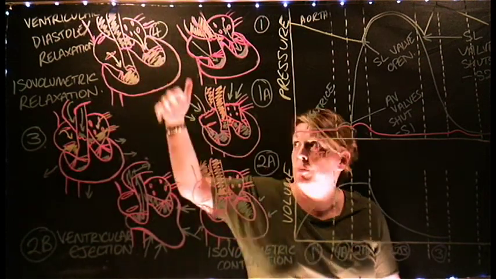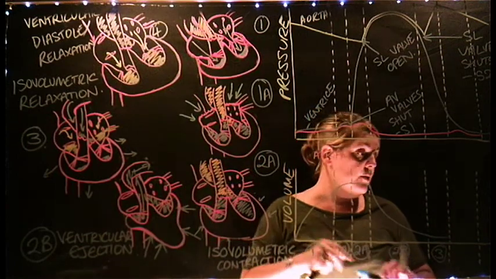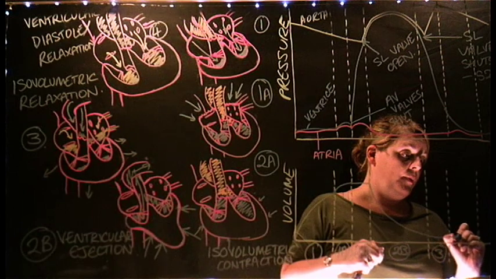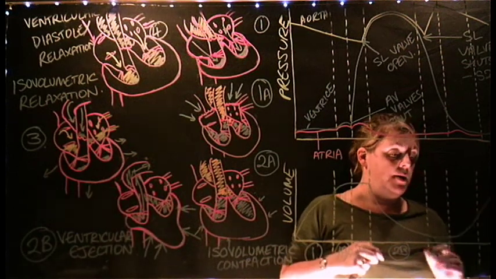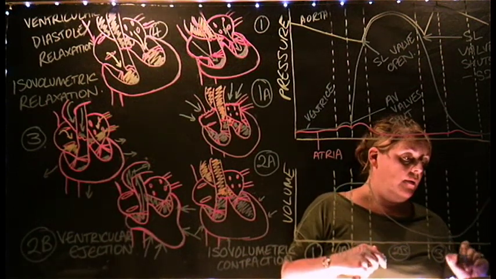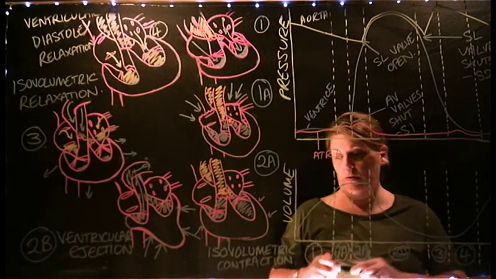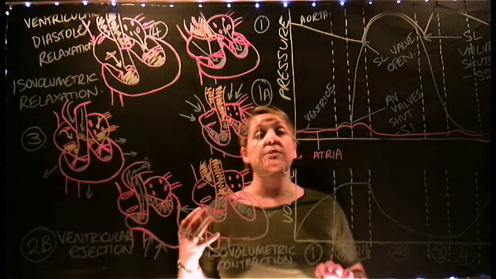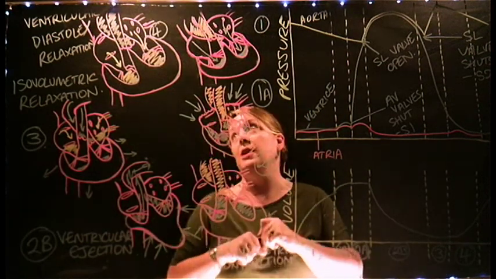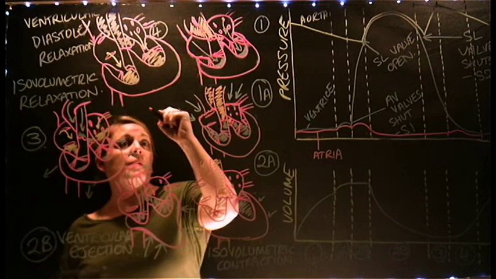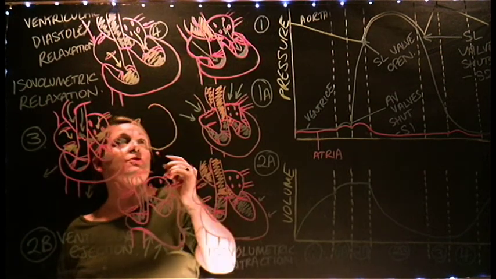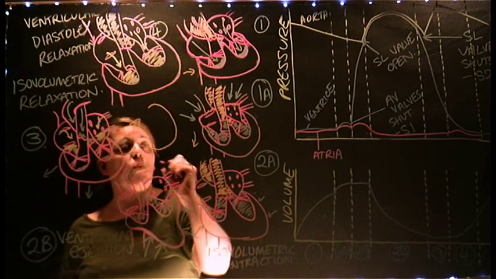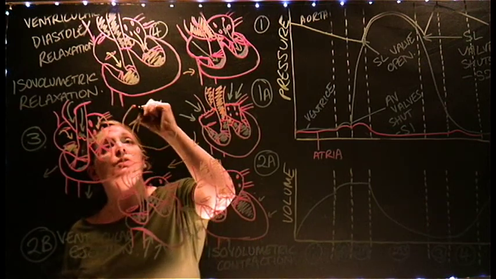We get this sort of boom, and the volume will start to climb again. So it starts to climb up. And then the cycle is going to repeat. So our cycle is going with this direction here and is continuous from one heartbeat to the next.